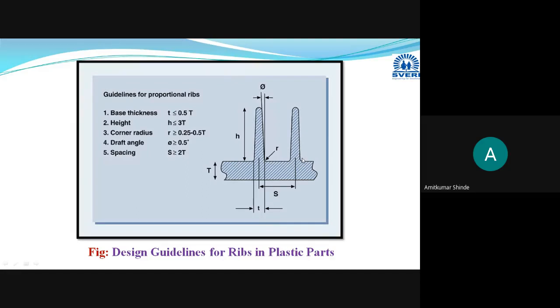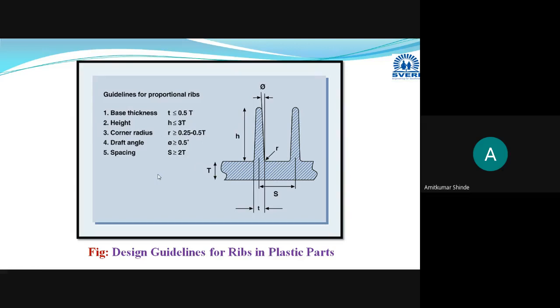Then whichever rib you are providing, you should provide a draft or a taper. If you provide straight ribs, it will create some problem while ejecting the part from the mold cavity.